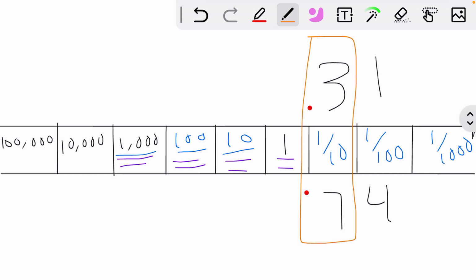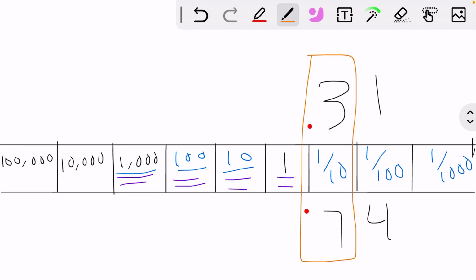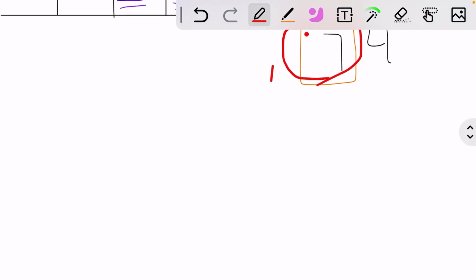Looking at the tenths place and understanding what this means, we have 3 groups of 1 over 10 here, and 7 groups of 1 over 10 down here for 0.74. Just for clarity's sake, I'm going to write this down: 3 over 10 and 7 over 10.